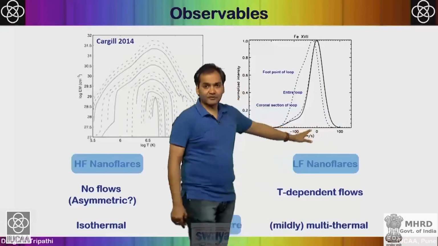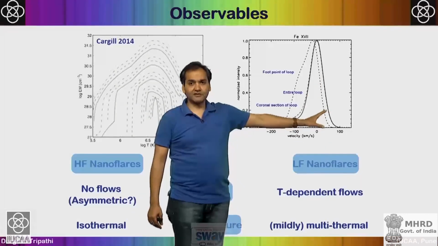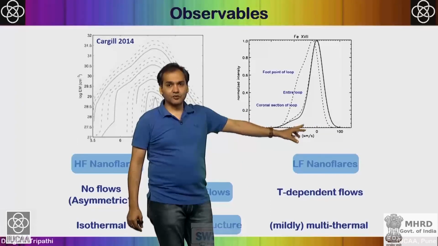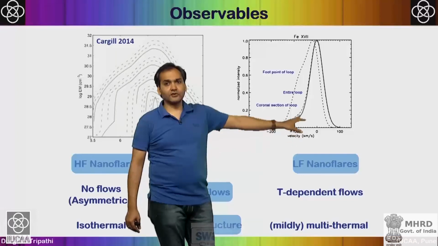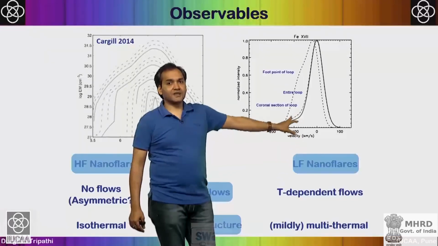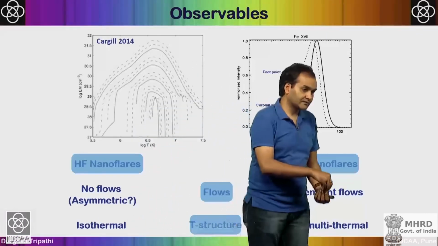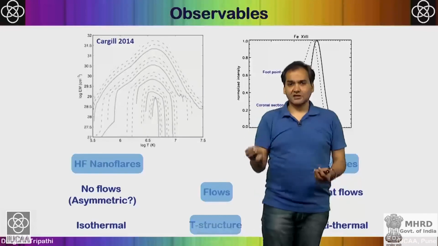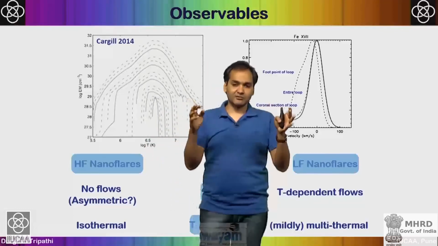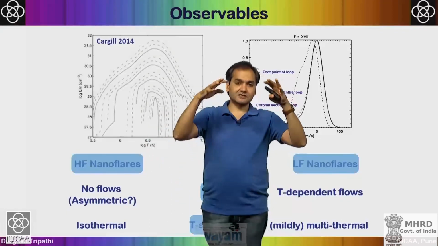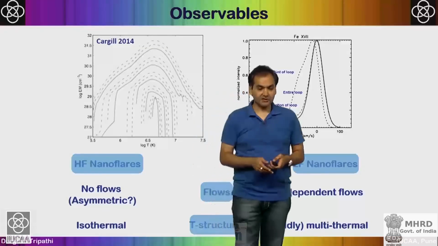Similarly, the line profiles will have a Gaussian shape, but if you look only at the foot points, then for the low frequency you will have a stronger flow at very high temperatures, which is essentially filling the loop with plasma at very high temperature. Then it cools down, and all you will see at temperatures of about 1,000,000 degrees is everything cooling and draining, which appears as redshifted emission in your observations.